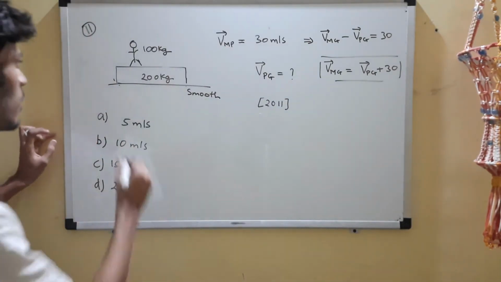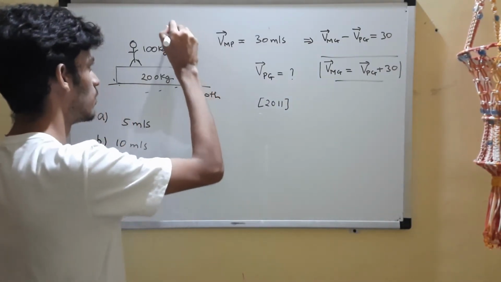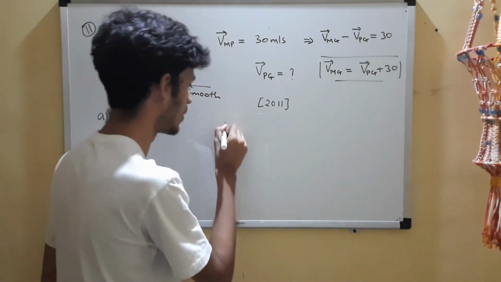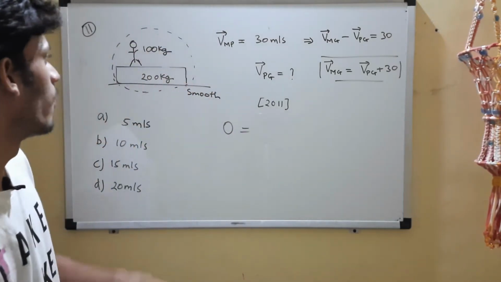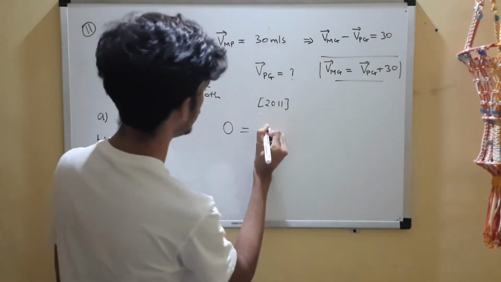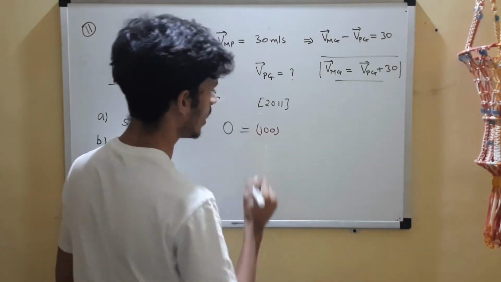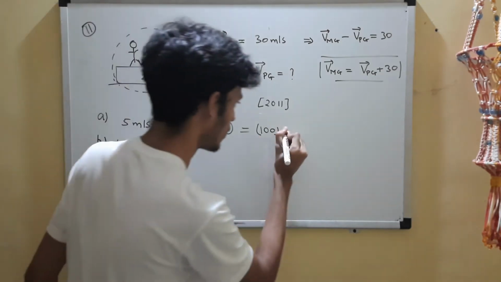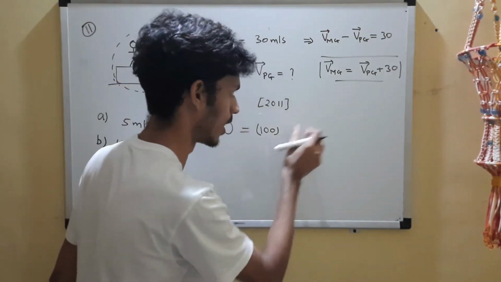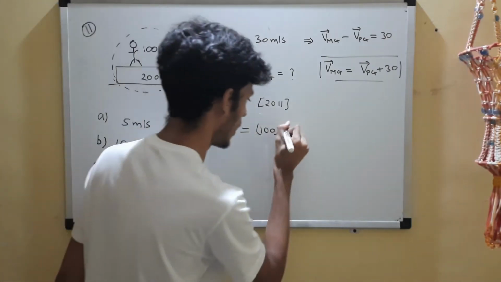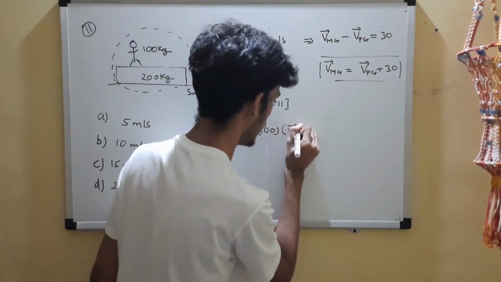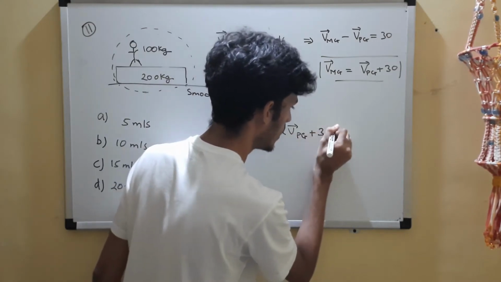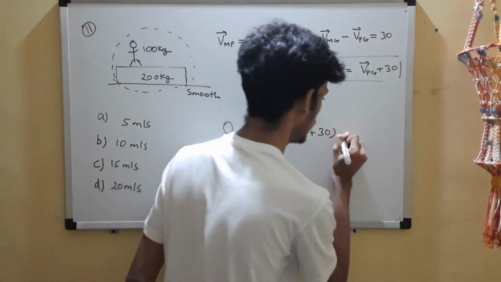Now you can see that there are no external forces involved in the system, so you can conserve momentum. Initially suppose the man was at rest, initial momentum 0. Final momentum will be m1, now 100, into his velocity. Now let's observe everything with respect to ground, so you have to put velocity of man with respect to ground, not this one. So velocity of man with respect to ground, which is velocity of platform with respect to ground plus 30. So far so good.